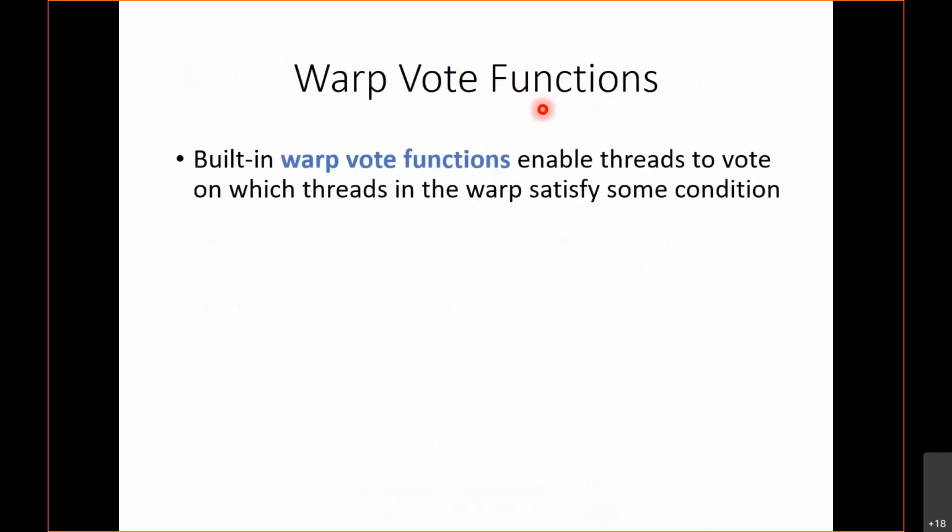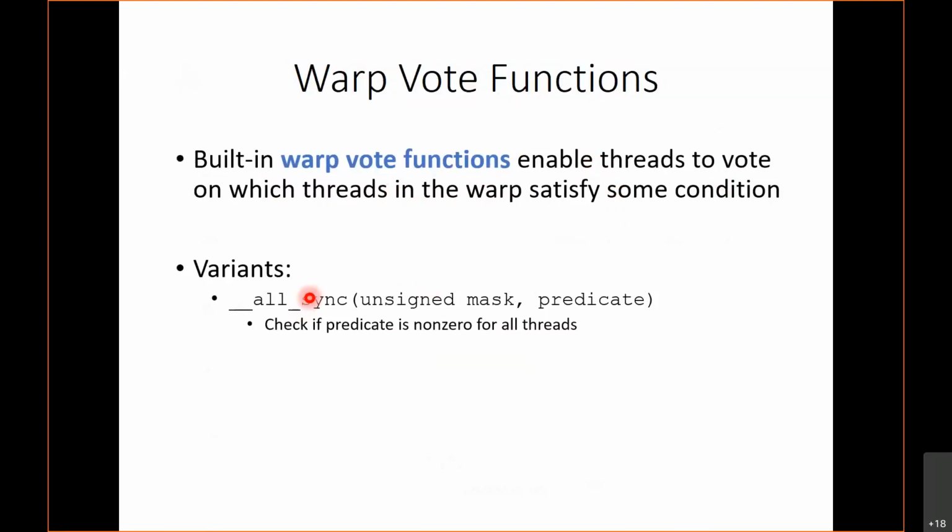The built-in warp vote functions enable threads to vote on which threads in the warp satisfy some condition. And there are different variants of the warp vote. One of them is all sync, which takes a mask of the threads that participate, a predicate, and checks if the predicate is non-zero for all of the participating threads.